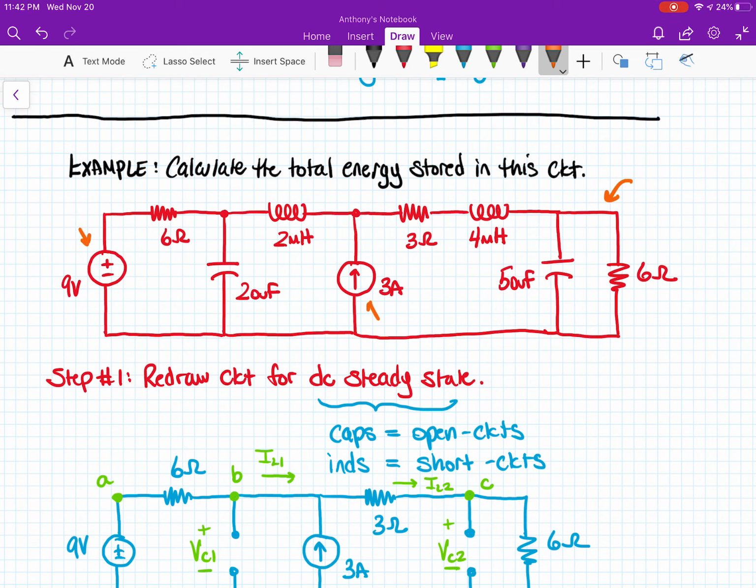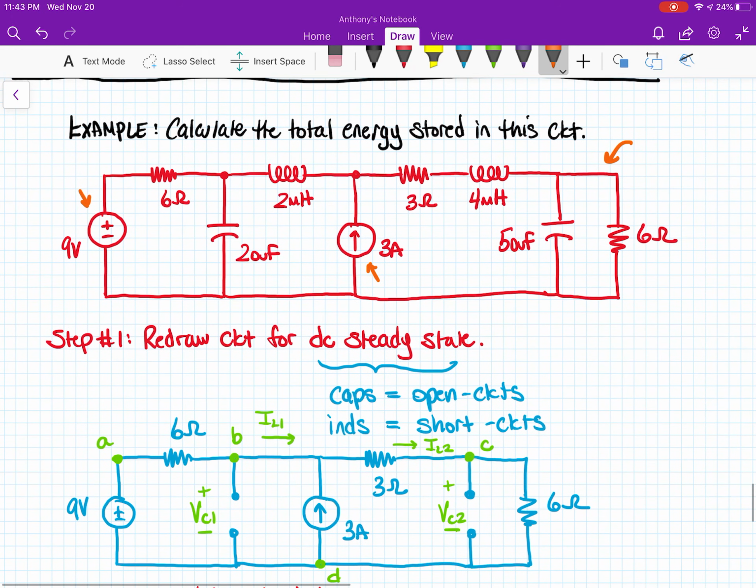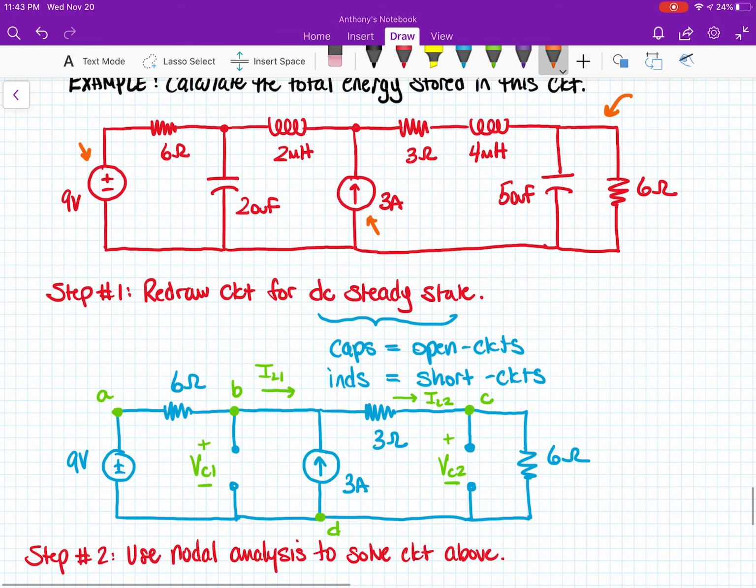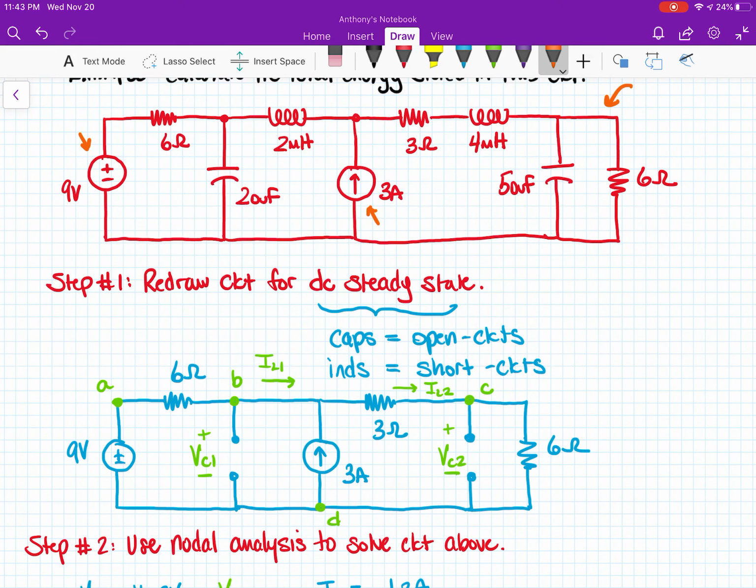Voltage source, current source, both are DC. That's important to note. And then we have a whole array of resistors, inductors, and capacitors. The first step, and I don't want to say it's the most important step, but it's the only one that's new to this chapter, is to redraw the circuit for DC steady state analysis.